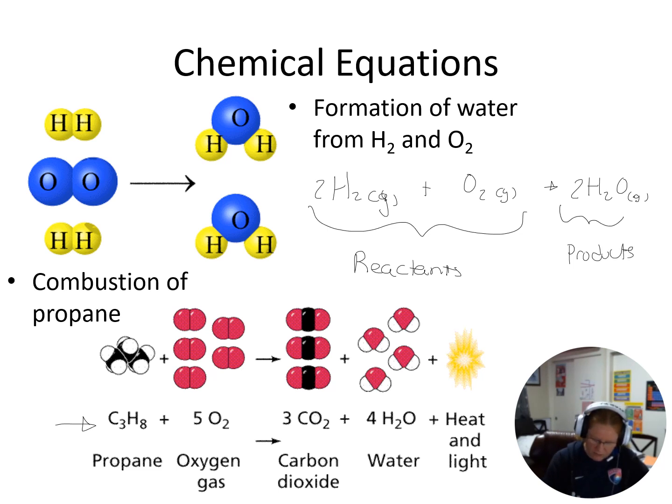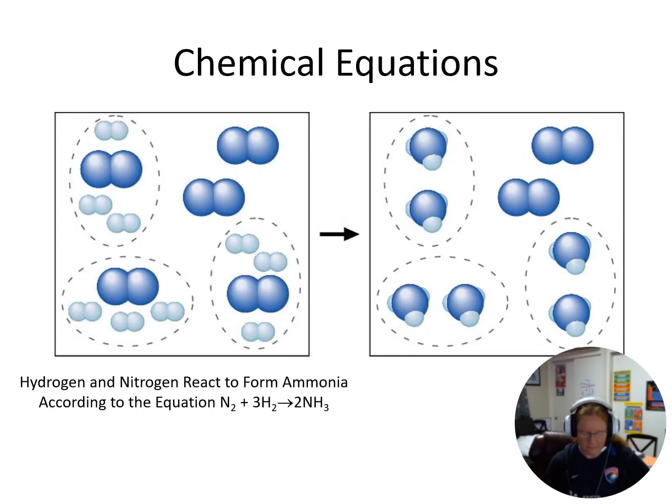There's all sorts of different types of chemical reactions. Sometimes you have multiple reactants and a single product. Other times you have multiple reactants and multiple products. Sometimes you have a single reactant and multiple products. Here I have another view: hydrogen and nitrogen react to give us ammonia.